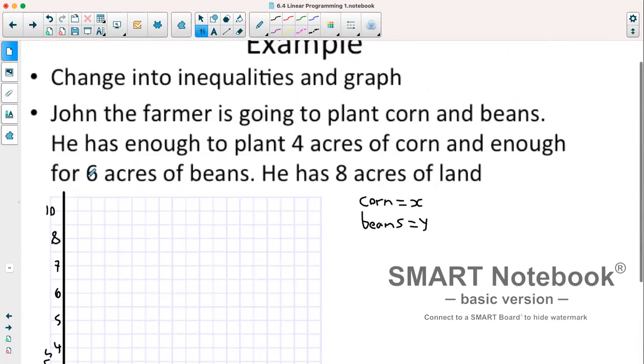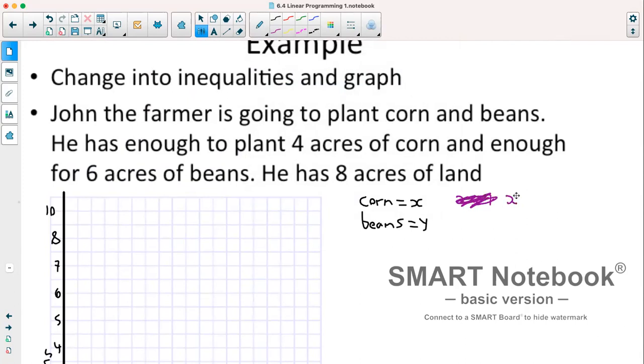Now we have to come up with some inequalities. Okay, so first thing, he has enough to plant 4 acres of corn. Corn we said was X, so therefore X has to be equal or greater than, or sorry, he has a maximum of 4 acres.